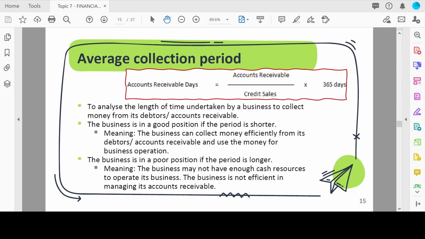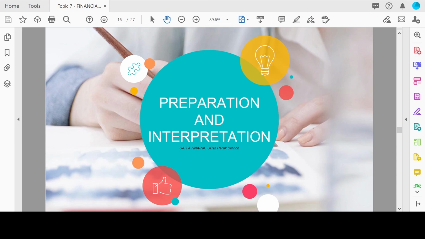So that's all for the 3 types of ratio analysis, which are liquidity ratio, profitability ratio, and also the efficiency ratio. From there, I hope that you understand how useful it is when you perform the ratio analysis, instead of preparing the financial statements only.